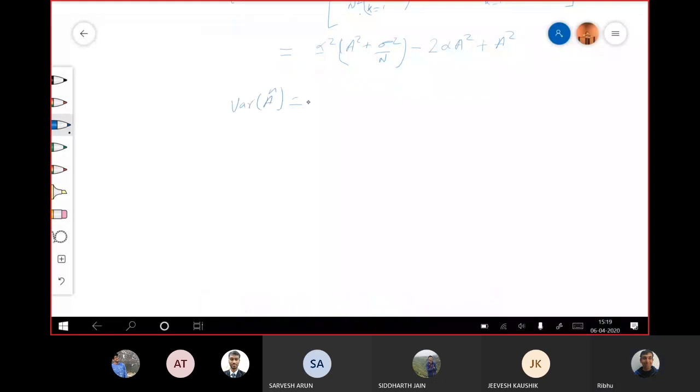Now for minimum variance, the variance of A hat is actually a function of alpha and n.